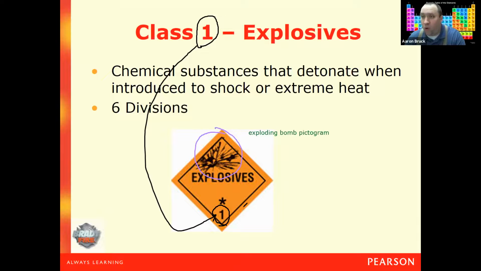So for example, red. Red is a placard color that we will use for anything that is flammable. But the number at the bottom is going to help tell us what kind of material is flammable. Is it a solid? Is it a liquid? Is it a gas? So the number does correlate here.